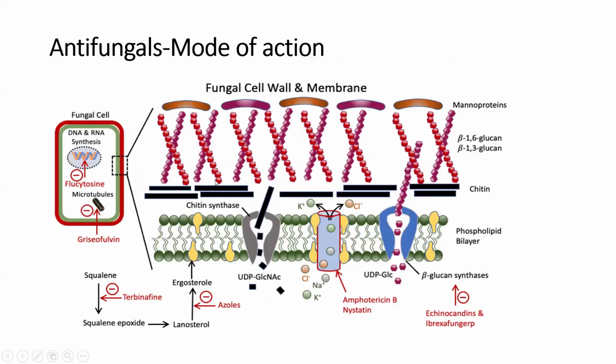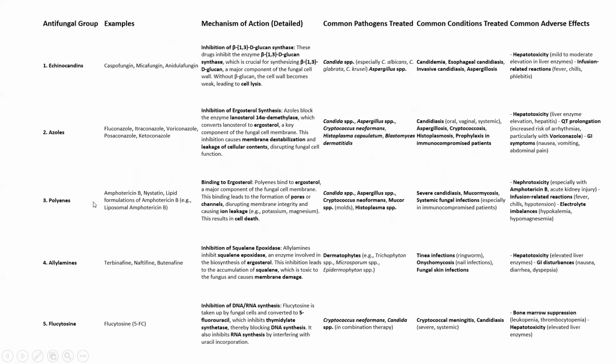So, mode of action, again I'm recalling: how azoles act, how terbinafine acts, then flucytosine, then amphotericin B, echinocandins, then griseofulvin, which inhibits microtubule synthesis, so it is usually used for the dermatophytes. Those are the side effects related to flucytosine.